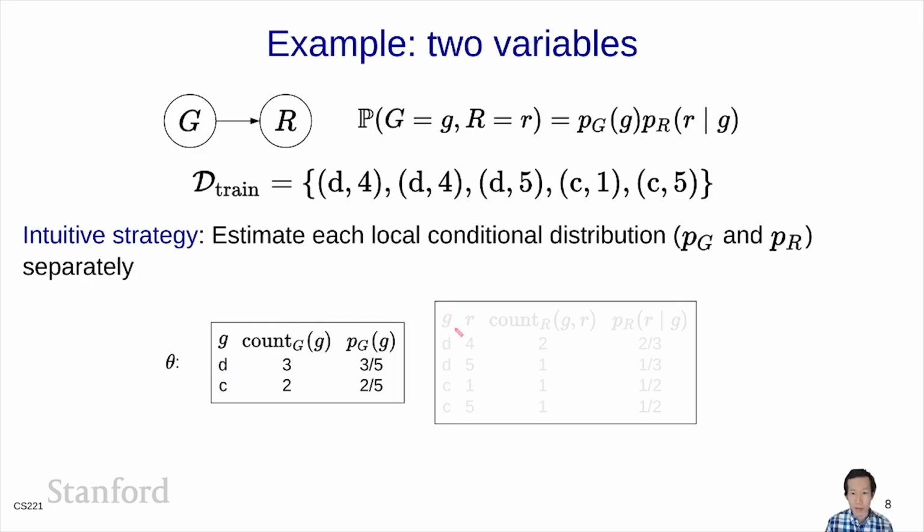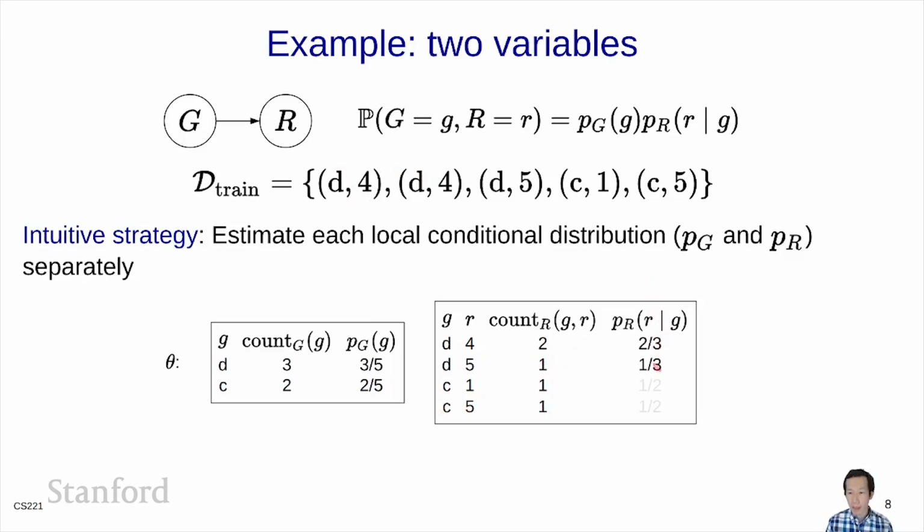So now I'm going to look at all the possible assignments to the parent of a particular node and also that node. So that's G and R. So D4 shows up twice. D5 shows up once, C1 shows up once, and C5 shows up once.